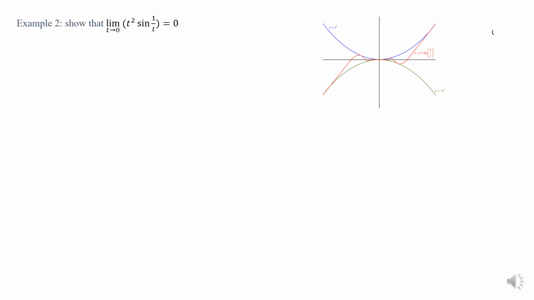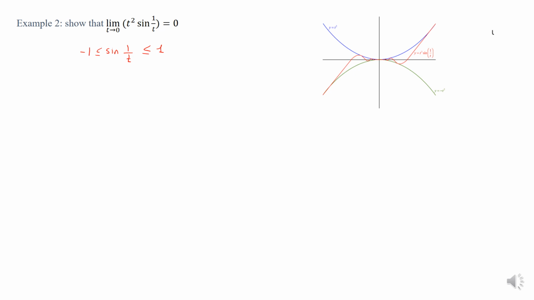So let's start with a basic trigonometric inequality. Sine 1 over t is always between -1 and 1 for all real values.